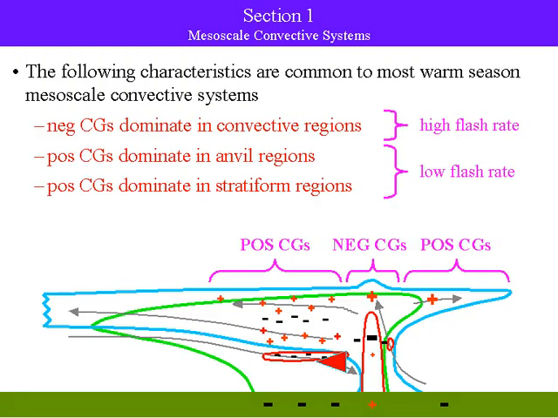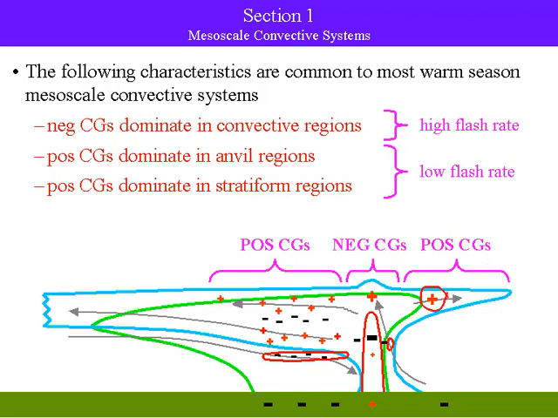So what about the CGs we would expect? Within the convective core, just as with the isolated storms, we expect mostly negative CGs. Why? Because we have this large area of negatively charged graupel located at this area, and the discharge process will begin just below that, and therefore negative CGs. Again, we expect positive CGs within the forward anvil because we have predominantly positively charged ice particles up here.